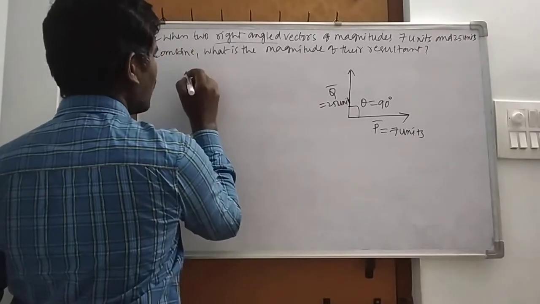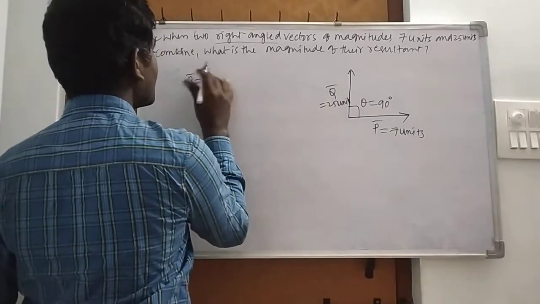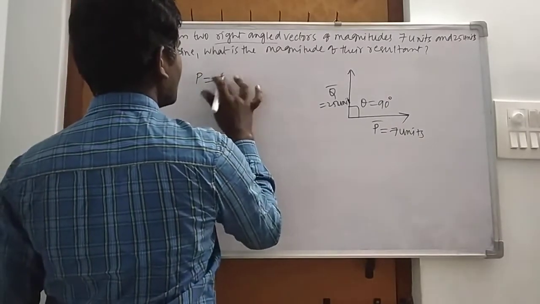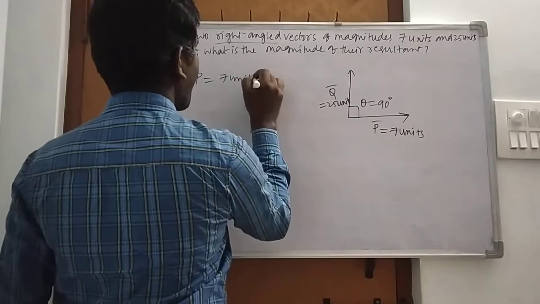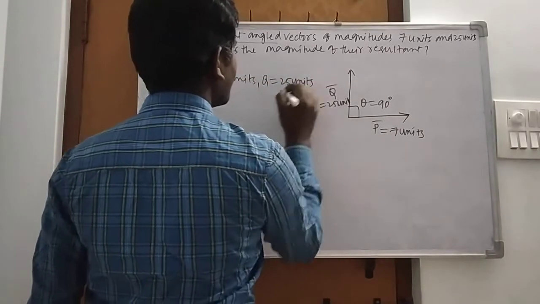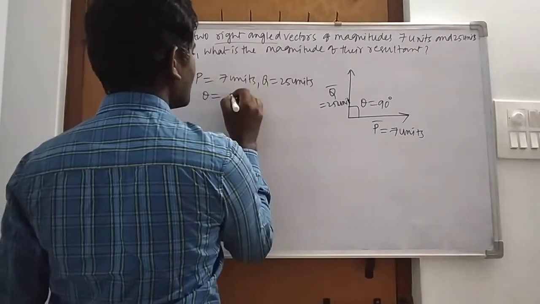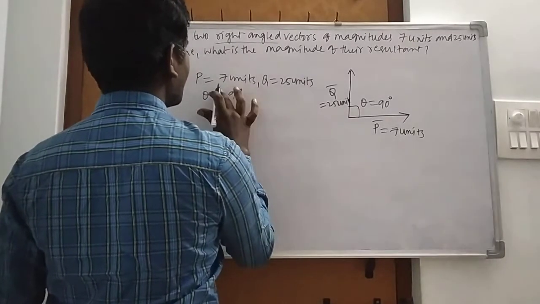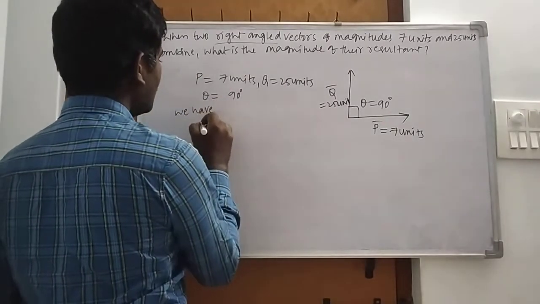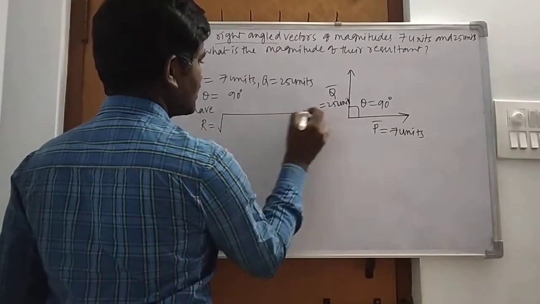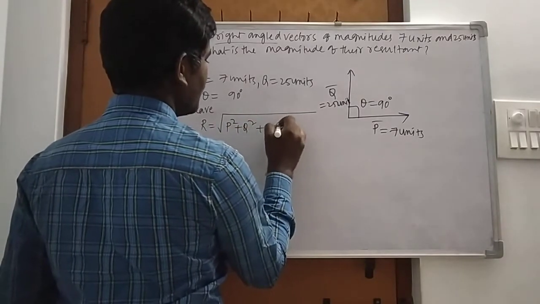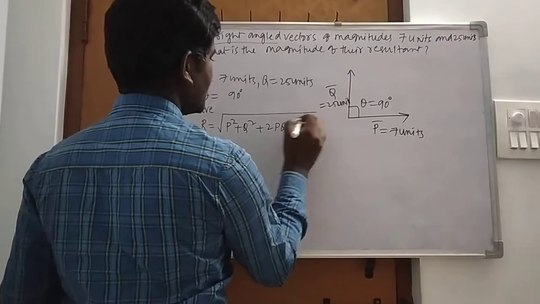Therefore we write the given terms: P is equal to 7 units, Q is equal to 25 units, and theta is equal to 90 degrees. So we have R is equal to the square root of P square plus Q square plus 2PQ cos theta.